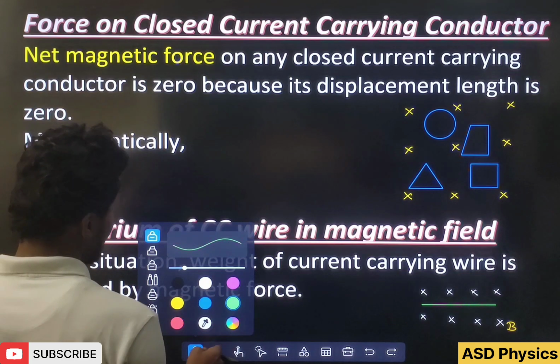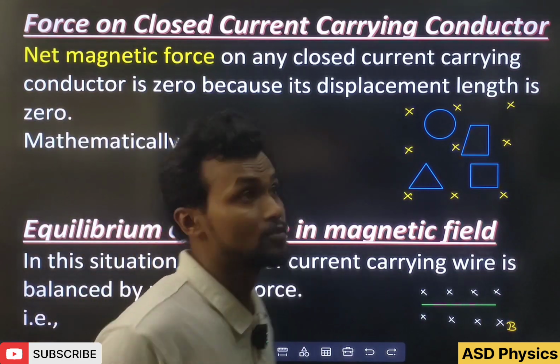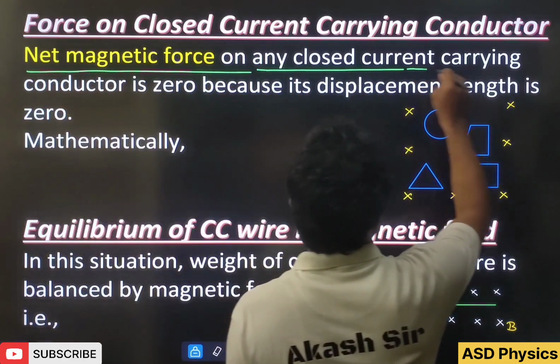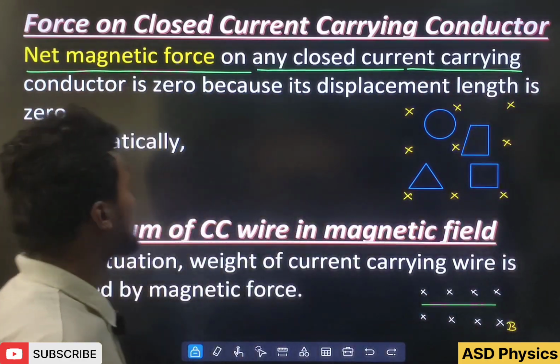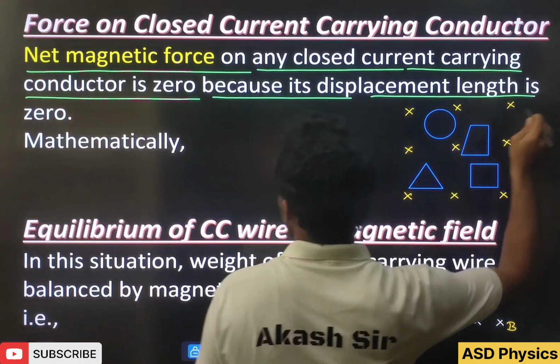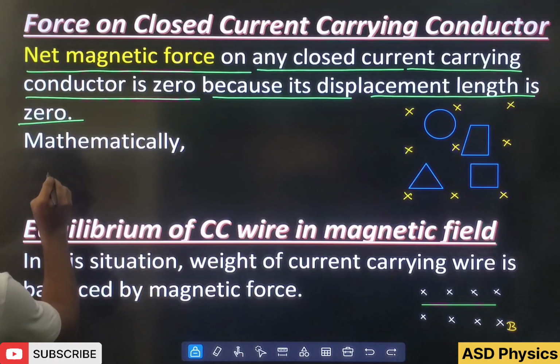Now let's see the next topic: force on a closed current carrying conductor. The net magnetic force on any closed current carrying conductor is 0 because its displacement length is 0.